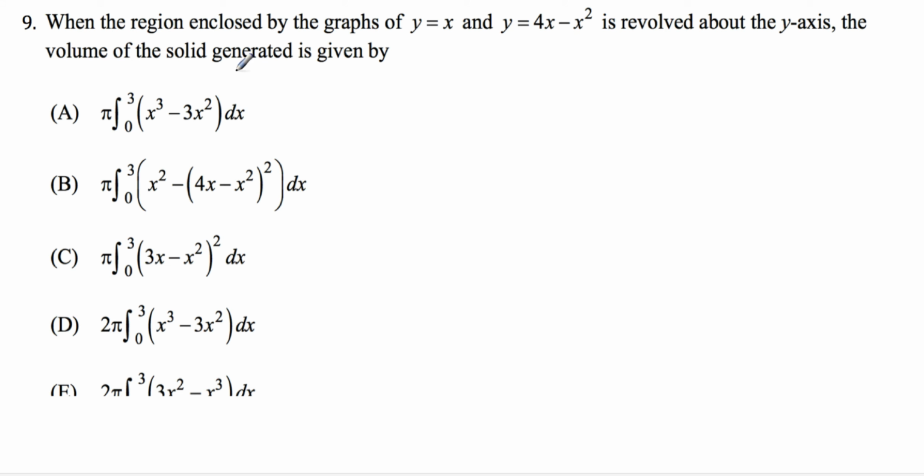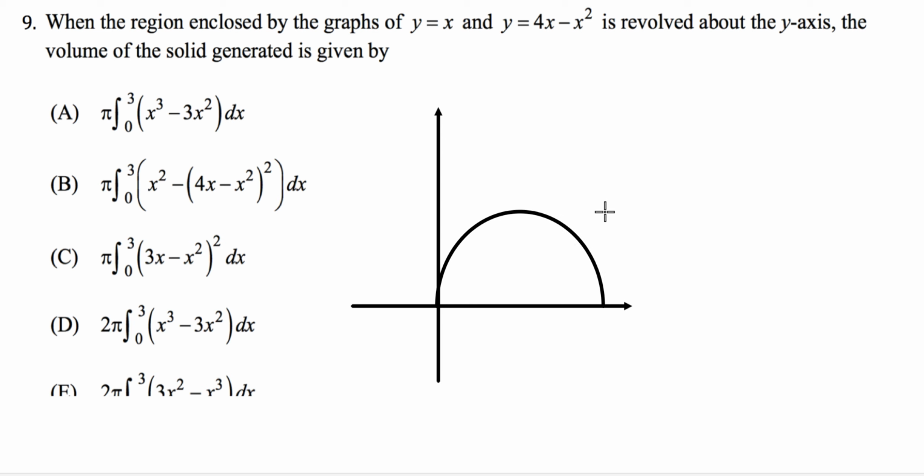All right, let us look at number 9 here. So we have two graphs revolving around the x-axis. So once again, and here we have, that will be something like this.